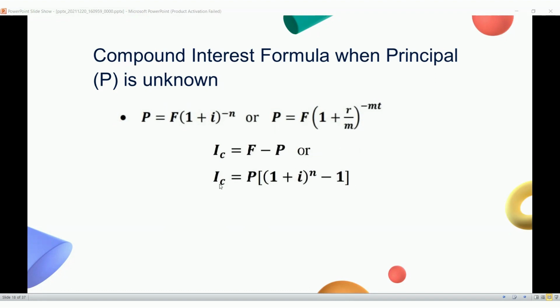Or I is equals to P times quantity 1 plus I raised to N minus 1.